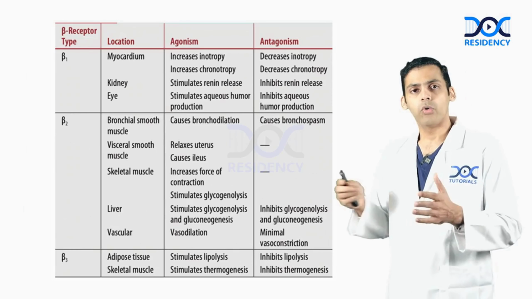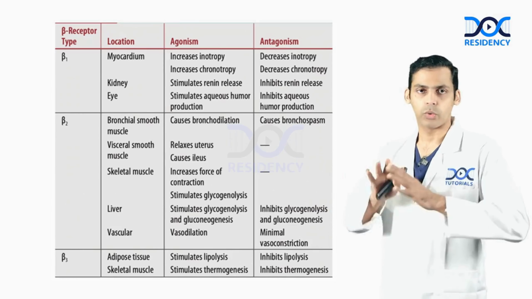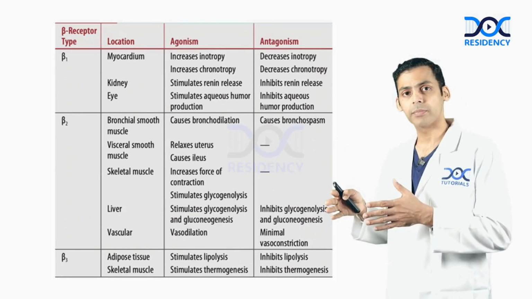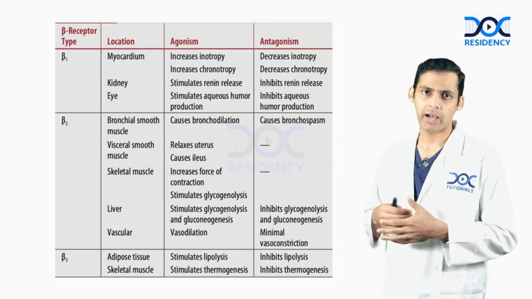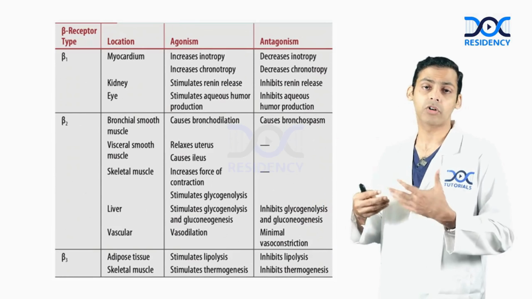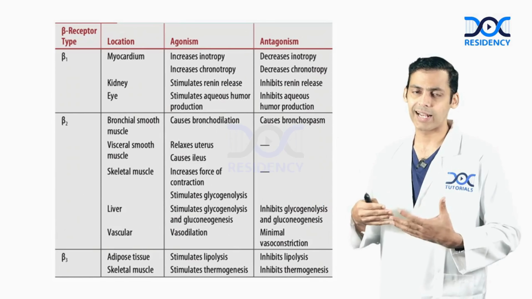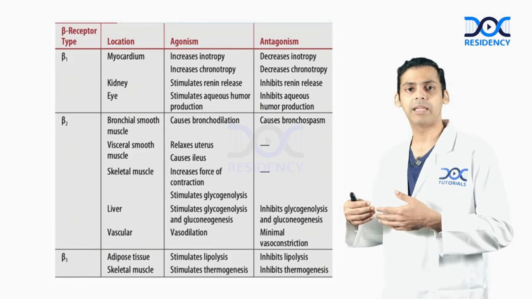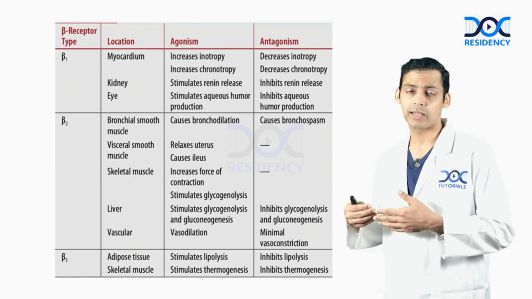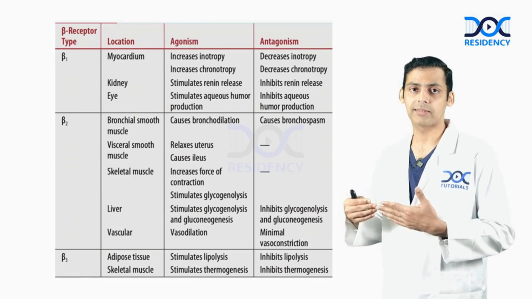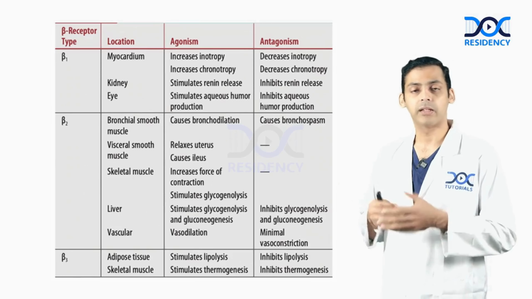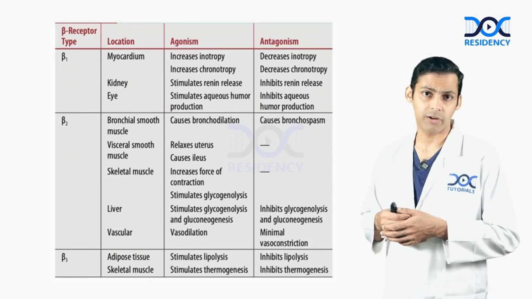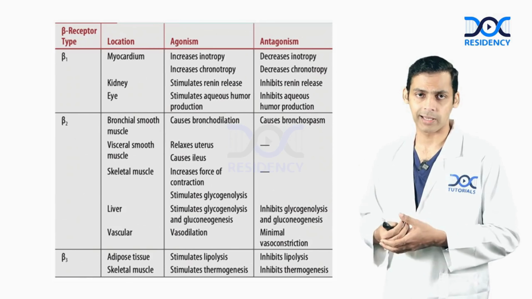Now, beta receptors are found throughout the body. Beta 1 receptors are more commonly present in the myocardium. Beta 2 receptors are more commonly present in smooth muscle, skeletal muscle as well as the liver, and beta 3 receptors are more commonly present in adipose tissue as well as skeletal muscle. Beta 1 receptors are involved in myocardial contractility.